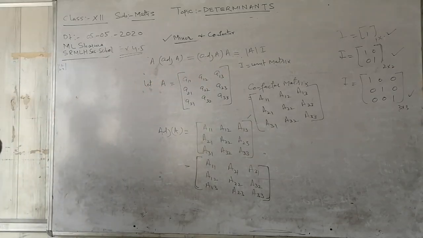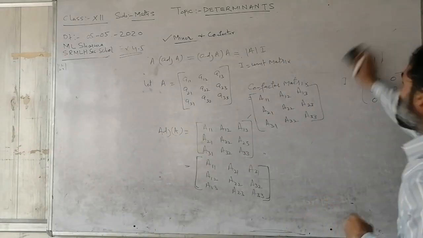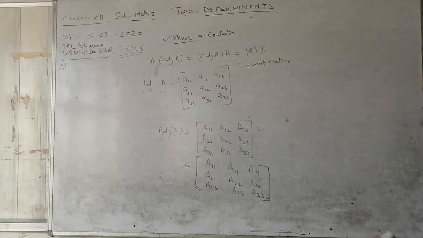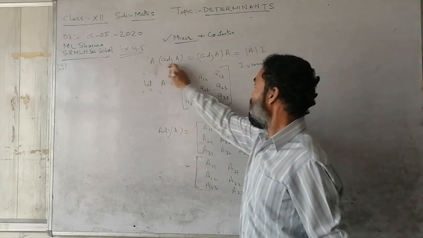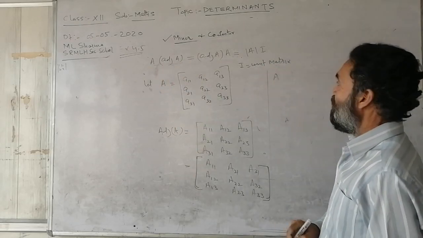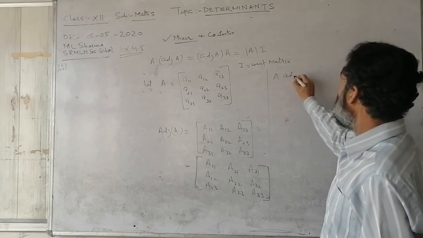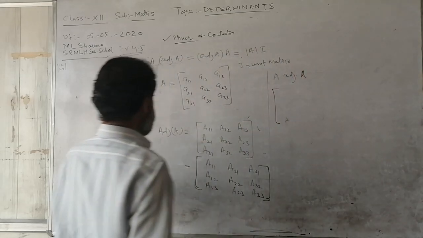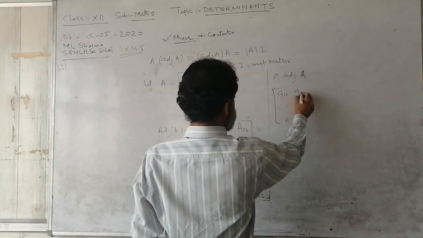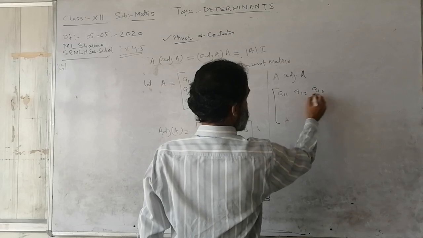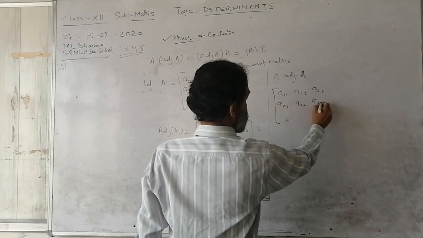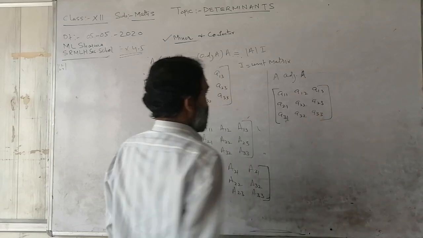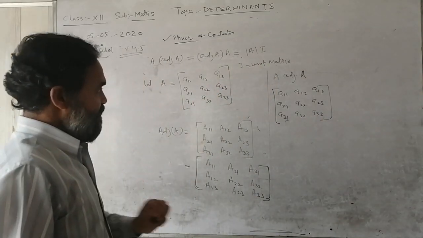So if I take the left hand side, that is A times adjoint A, this will be equal to the elements of A I have written, this is the value of matrix A, then its adjoint.